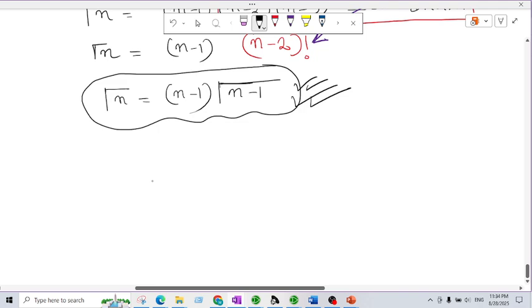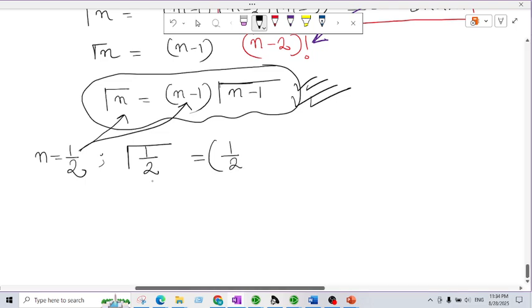Using this formula, let's find the value of gamma minus half. So let's start. Let's assume that n is equal to half. If n is equal to half, then put this value here and you will get gamma half, and if you put this half here, then inside gamma you have half minus 1.